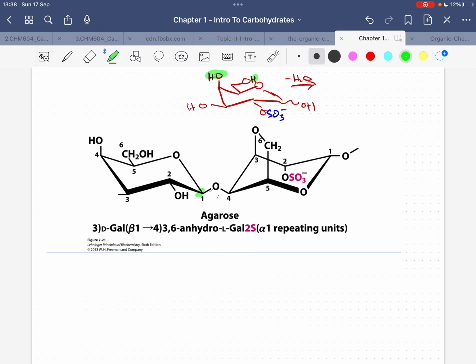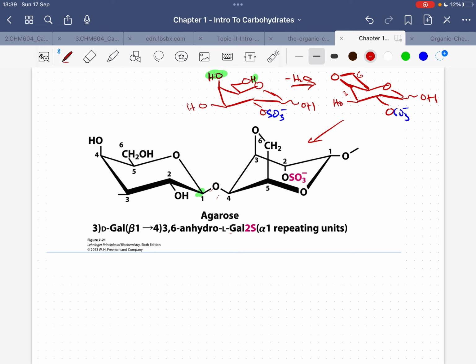Loss of water, this becomes an anhydro sugar. Yeah, this is an anhydro. This is the structure, this one. So this is anhydro because it's anhydro relative to carbon 6 and 3.